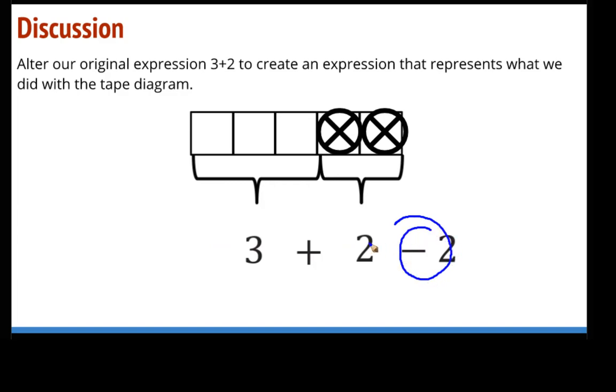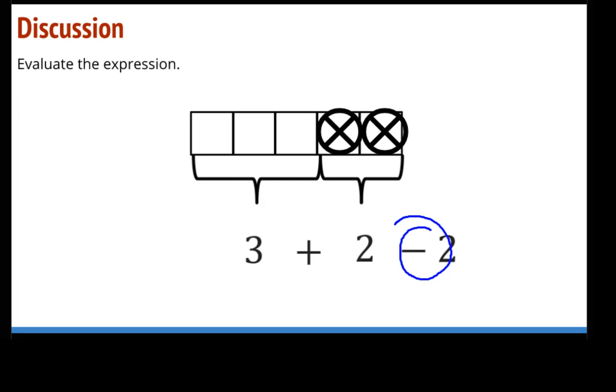We're subtracting 2 off. So what is the value of our expression now? If we've got 3 and we added 2 and we took away 2, what do we have left? Well, we're right back to our original 3.